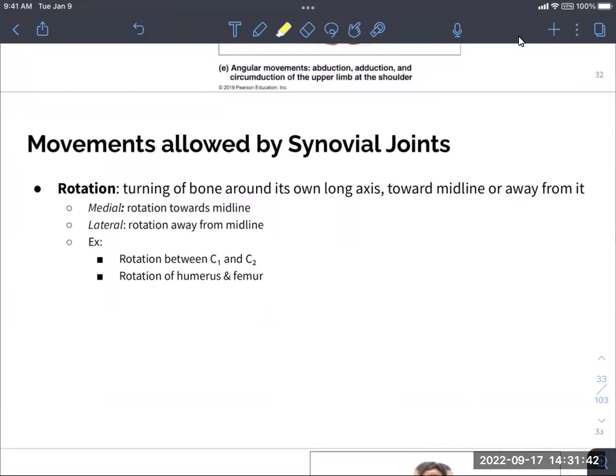Let's look at rotation. We talked about this a little bit when we talked about C1, C2, and the spine. So rotation, C2, remember, is the vertebra that lets you say no. That is rotation.